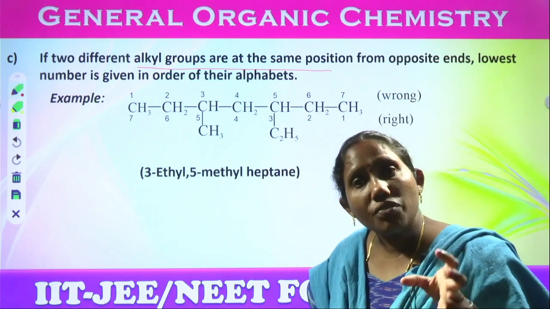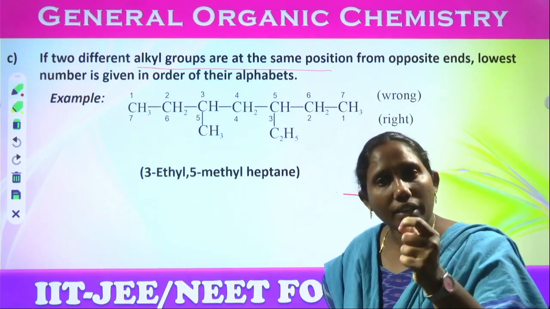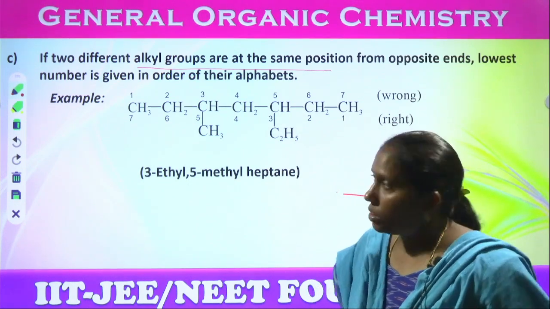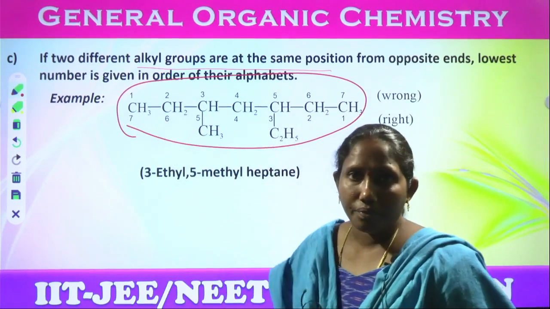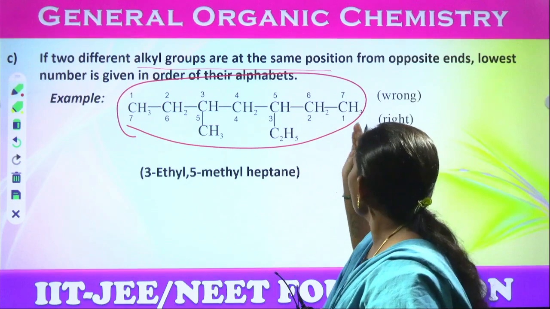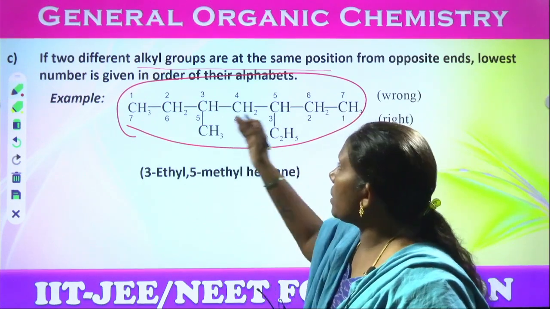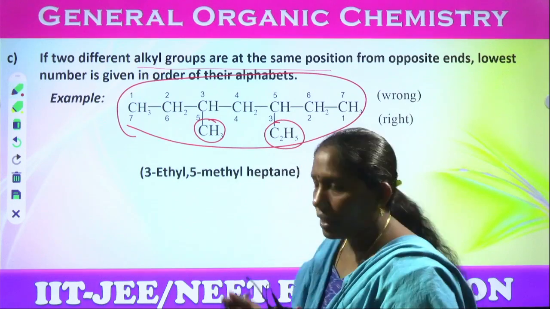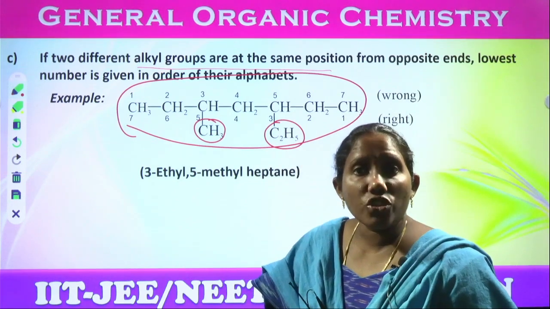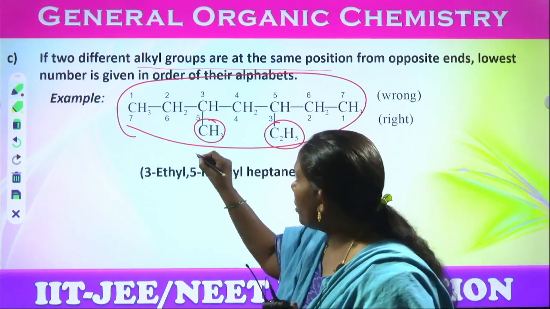Whichever comes first in the alphabet should get the lowest number. See the given example here. First check the branches. This is CH3, it is C2H5. CH3, only one carbon is there, obviously it is methyl.